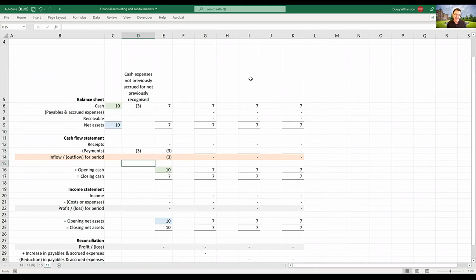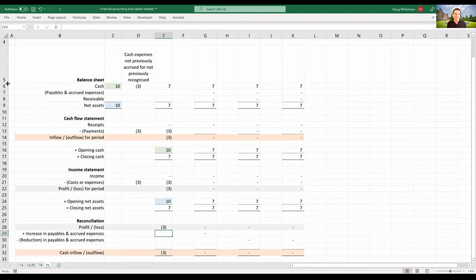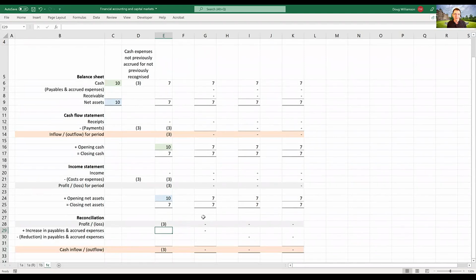And this expense is recognized immediately. So it translates into a loss for the period. So in this period, we lost 3. We had an expense of 3.